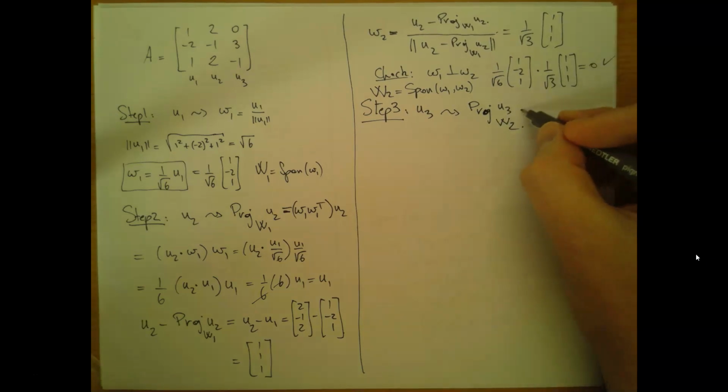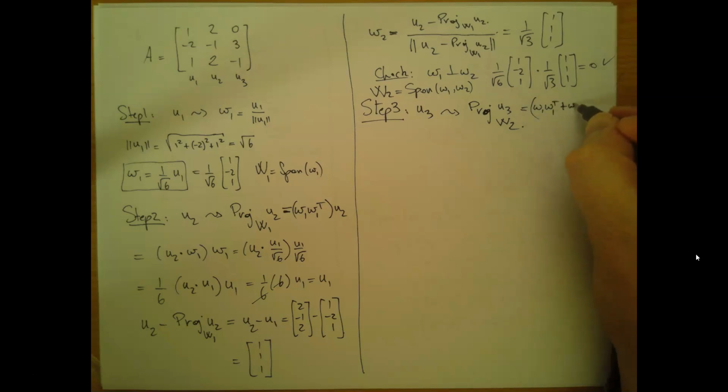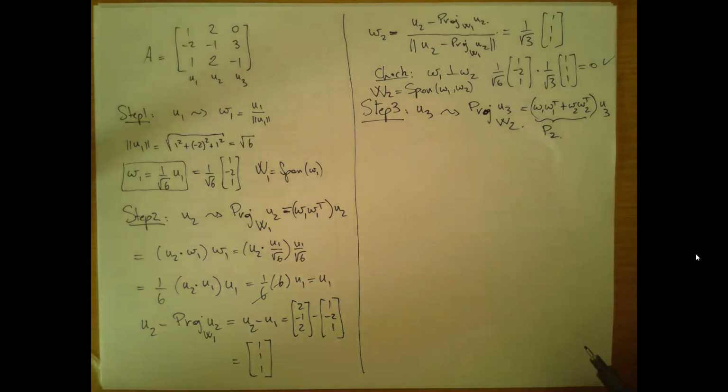Well, it's the sum of the outer products. So it's going to be w1 w1 transpose plus w2 w2 transpose applied to u3. This is the projection matrix P2 onto W2.